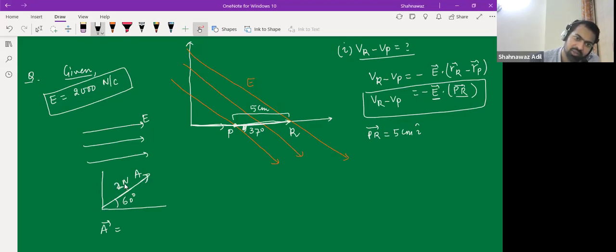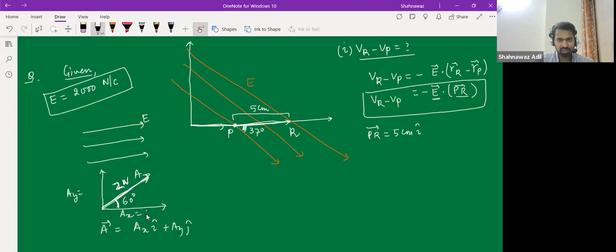Whose magnitude is given and the angle is given. And we have to write it in the Cartesian form. So in the Cartesian form, what is the vector? Ax i hat plus Ay j hat. And if this is the vector, this would be the Ax component and this would be the Ay component. So what would be Ax if this is 2 and this is 60?